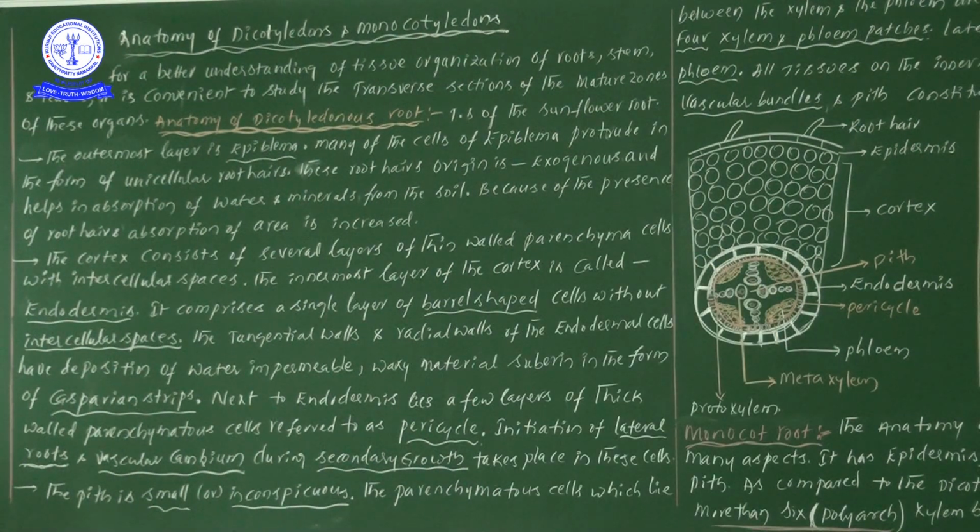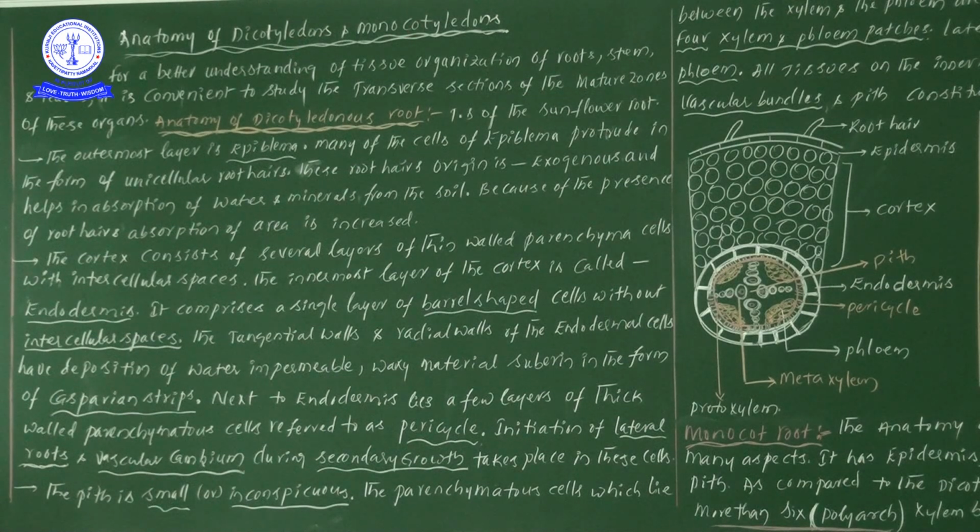Students, as I said before, in this video we are going to discuss the anatomy of dicotyledons and monocotyledons. Our class topic chapter name is anatomy of flowering plants. In this anatomy we will be discussing dicots and monocots.